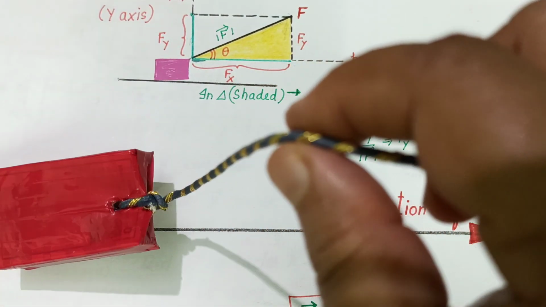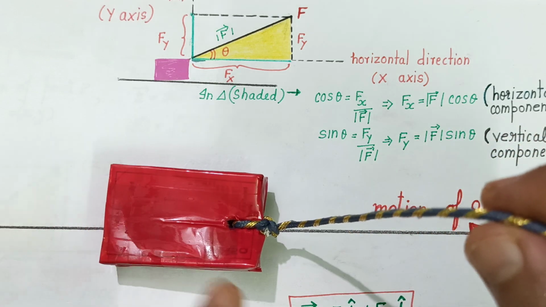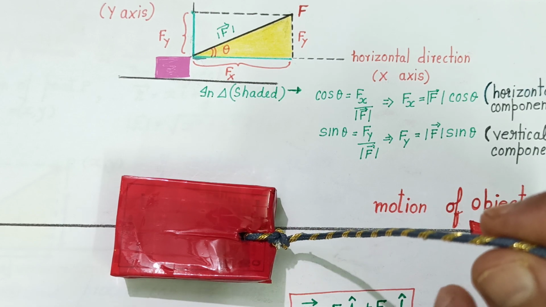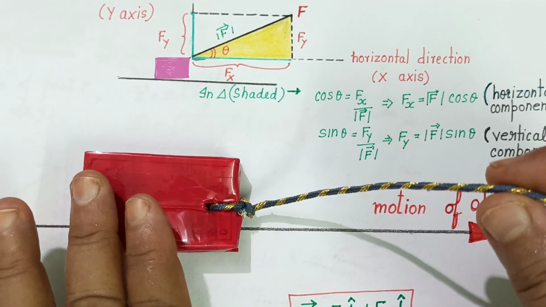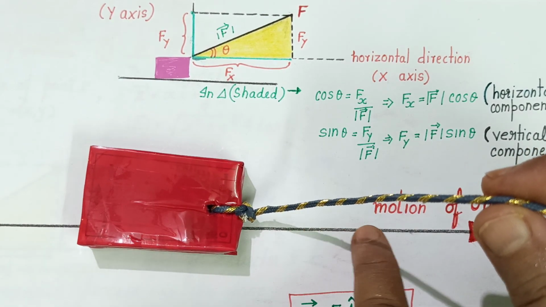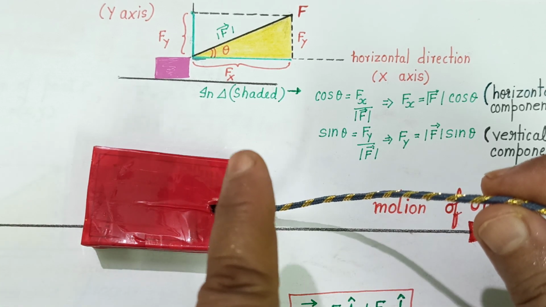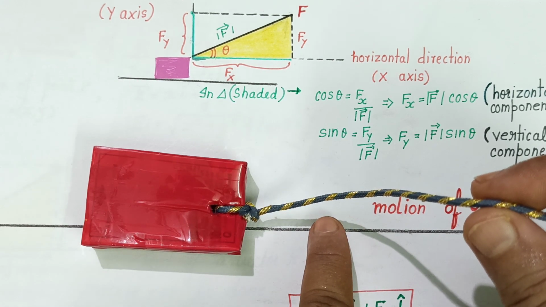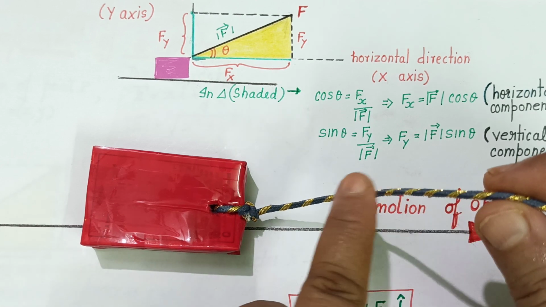I want you to feel this point, that when I am applying the force along the thread, then this force, which is at some angle on the object, is having its effect in horizontal direction also and in vertical direction also. The horizontal effect is called the horizontal component of this force vector.